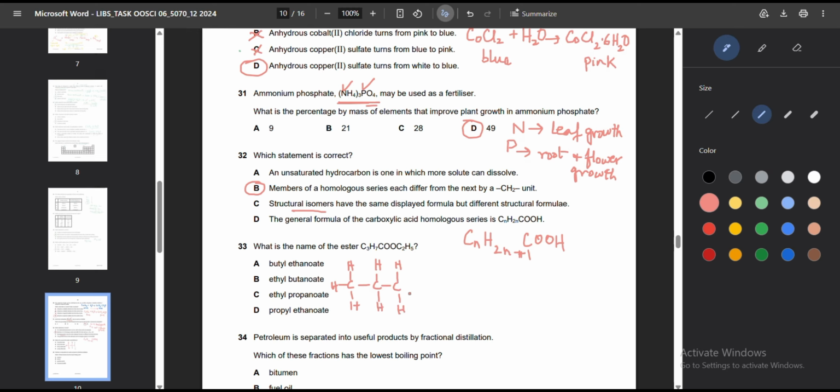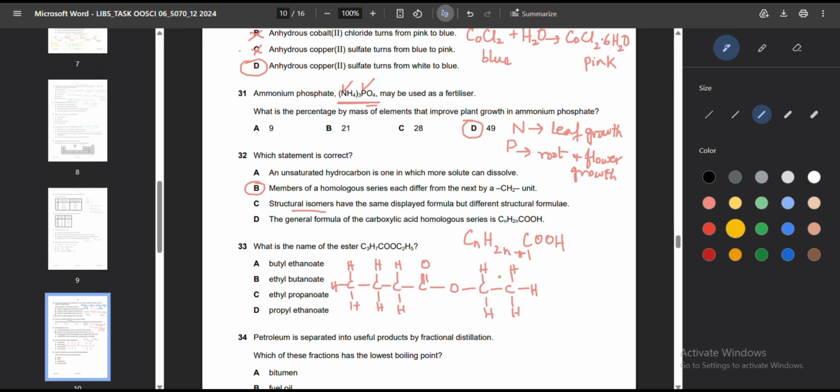And then we have COO, that means this is first CO, C double bond O, the carboxyl carbon, COO, and then C2H5. 1, 2, 3, 4, 5. Now you have to name it.